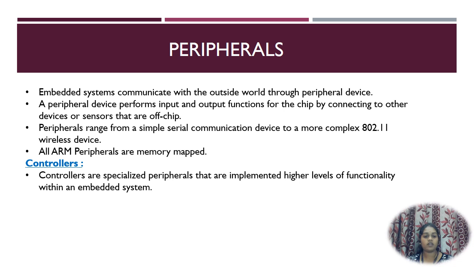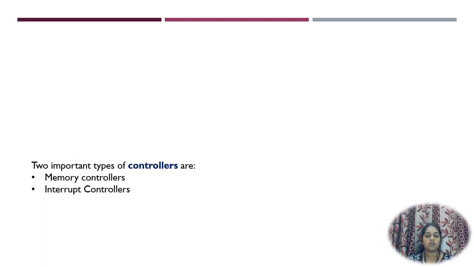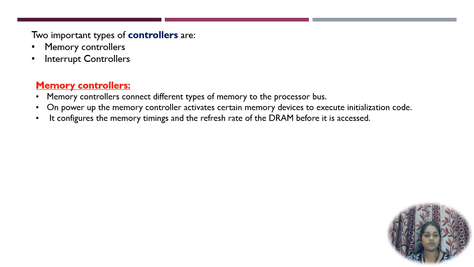All the ARM peripherals are memory mapped. The controllers are specialized peripherals that have higher levels of functionality within the embedded system. There are two types of controllers, that is, memory controllers and interrupt controllers.